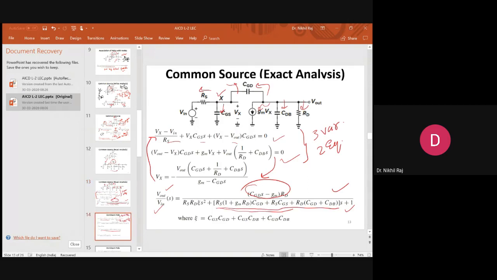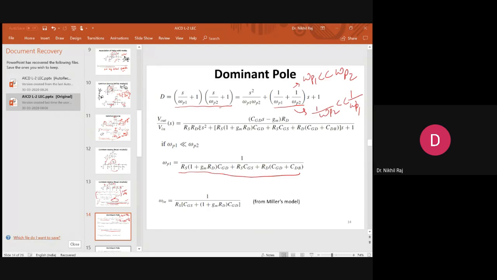The factor with s will be your omega p1. So we estimated omega p1, but remember we have considered that omega p1 is very much less than omega p2. Now from Miller's theorem we have calculated omega in equal to this value. This means this and this must be equal.